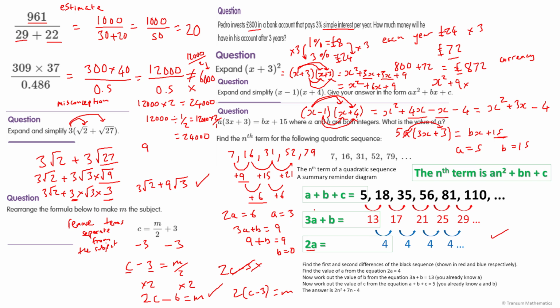And the last bit, a plus b plus c, has to equal 7. So I'm just going to do this here. So a plus b plus c equals 7. So a is 3 plus b is 0 plus c equals 7. So can you see c must be 4.